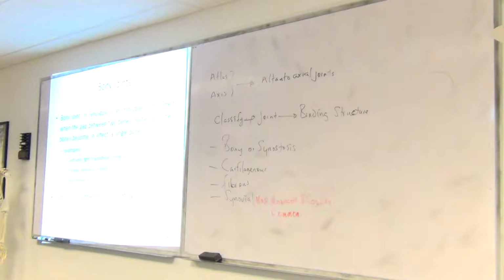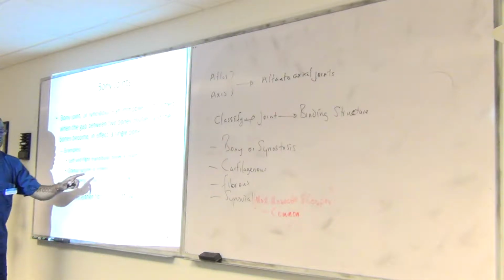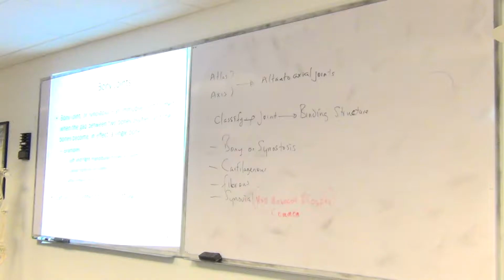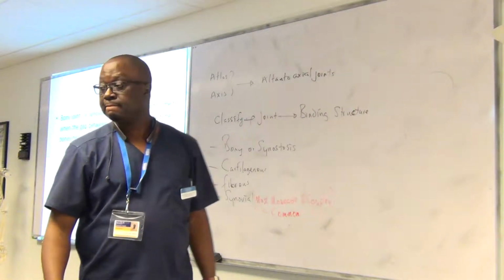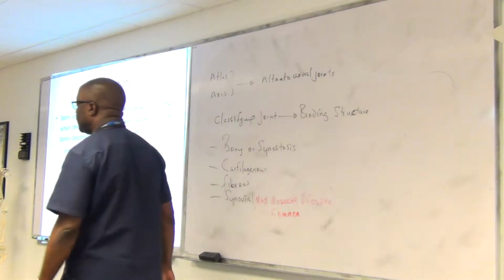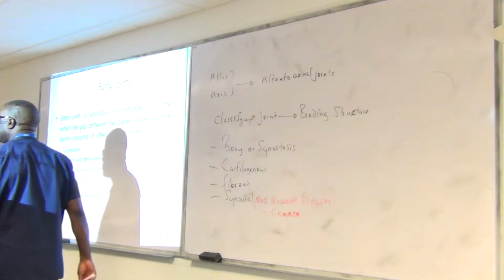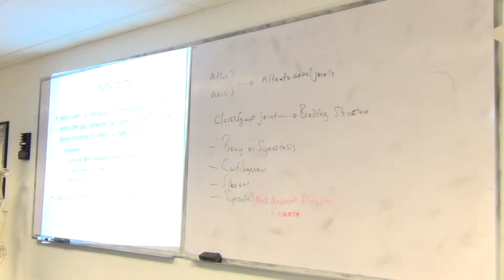In the elderly, we're also talking about the sutures. What are the types of sutures? Sagittal, coronal or frontal, lambdoid, and squamous. The squamous is between which bones? The temporal and parietal.